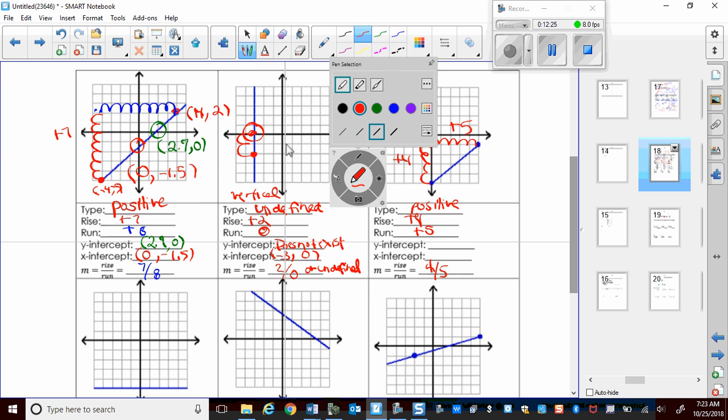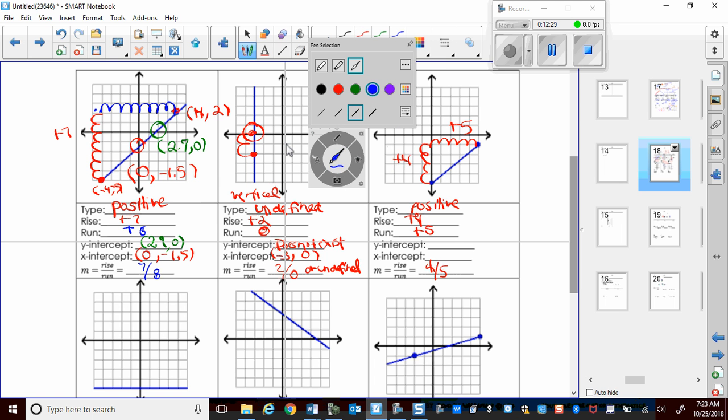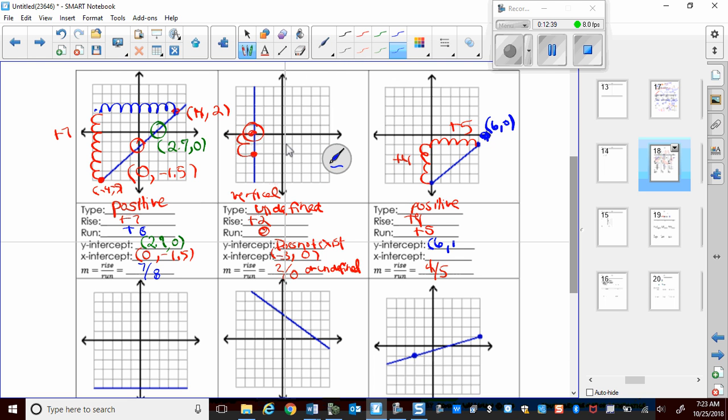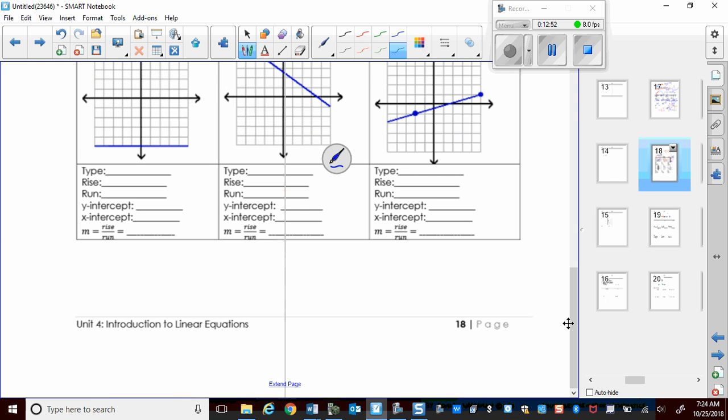Now my x-intercept is non-existent right now, but if I were to keep going, it would be right here at 6 comma 0. My y-intercept is right here, at 0 comma negative 5. All right.